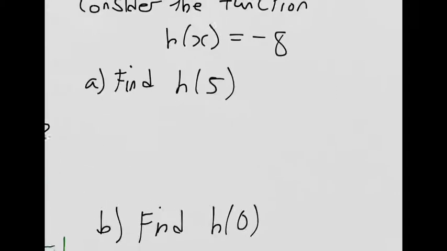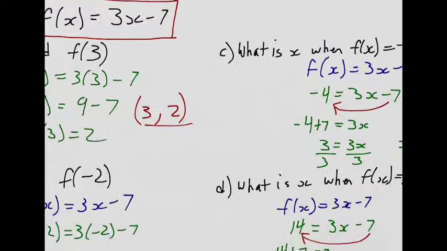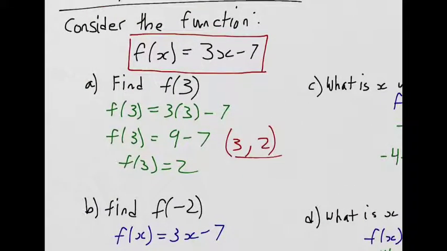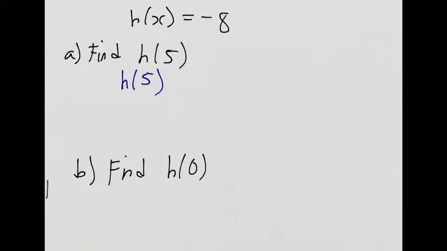Okay, so this is a very unique function. It's called a constant function, in that when I try to evaluate h of 5, usually, on the last few examples that we did when we were finding f of something, or in this case h of something, we just replaced the variable with whatever value was inside those brackets. But can you see why that's difficult to do here? Where are we going to put that 5?